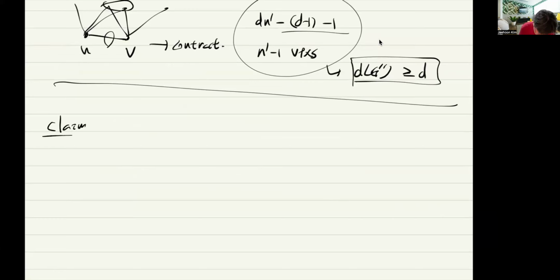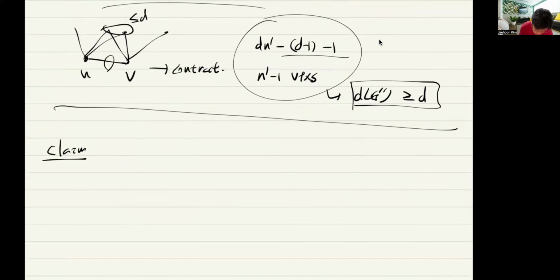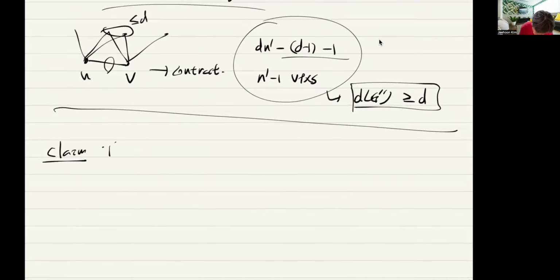So let's claim. In here, we want to find the subgraph H1.